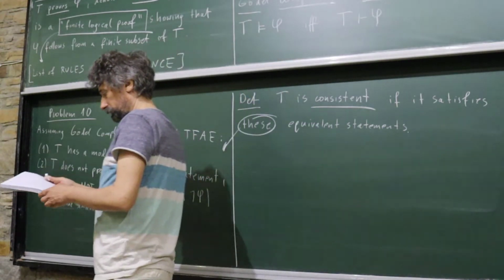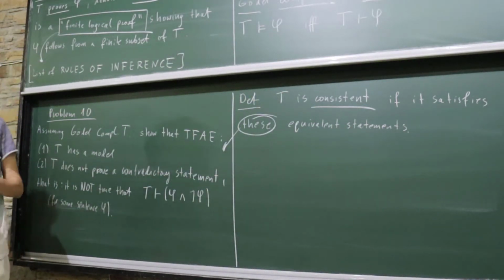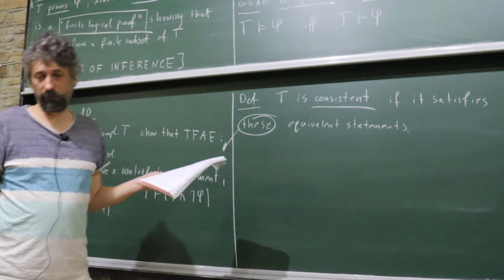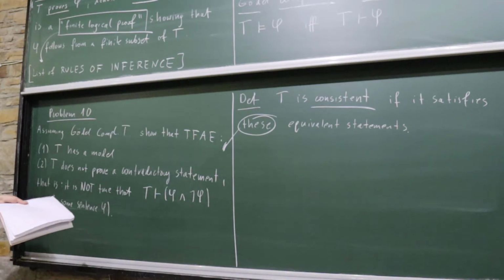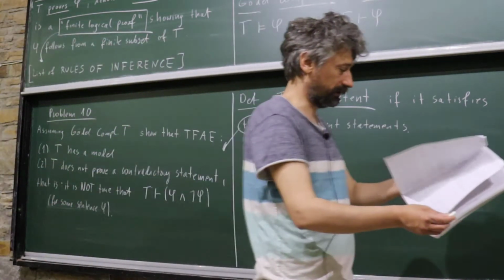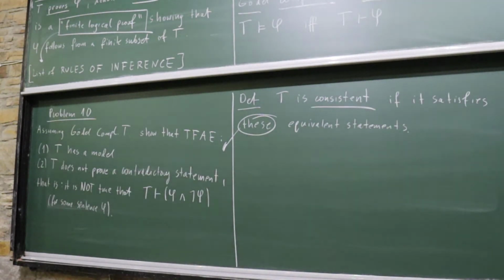Okay, so this is consistency. Let me just say that by the compactness theorem, actually three things are equivalent: T is finitely satisfiable, T has a model, and T does not prove any nonsense. And we call such a theory consistent.